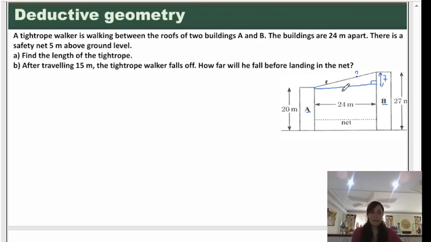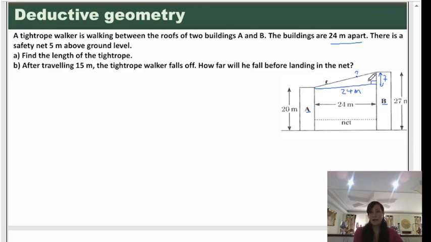And it says the distance between the two buildings is 24 meters. It gave us that the buildings are 24 meters apart. So this length is 24 meters.